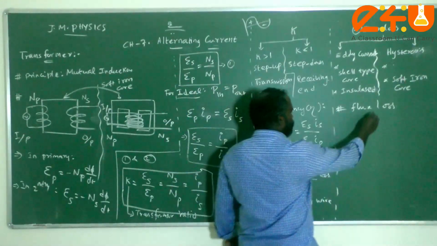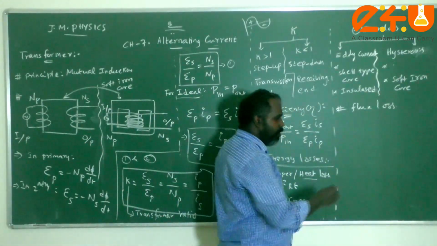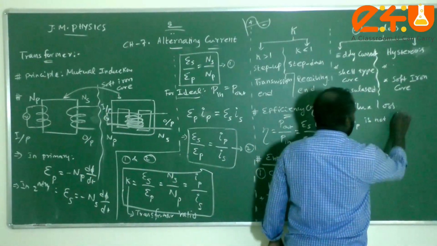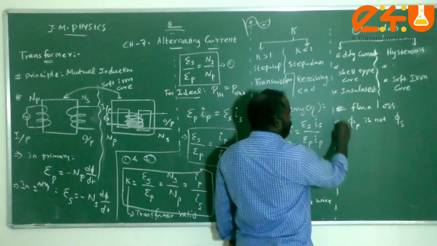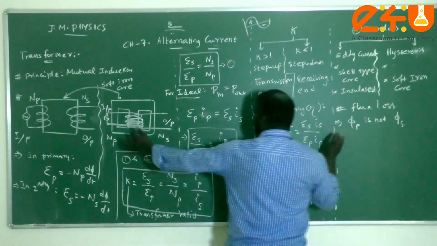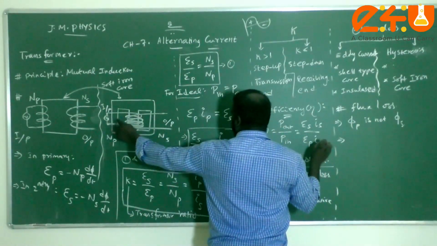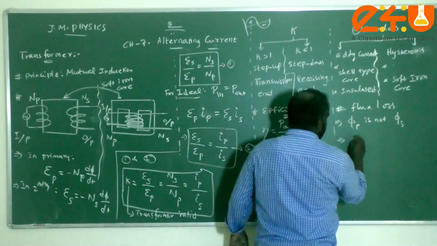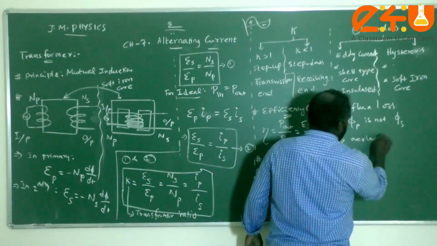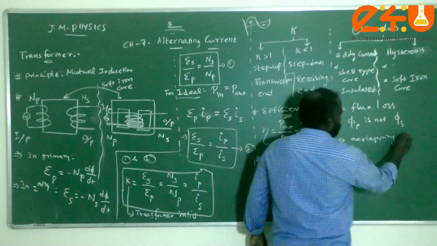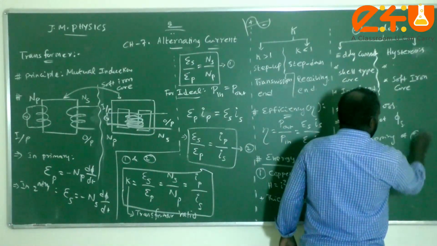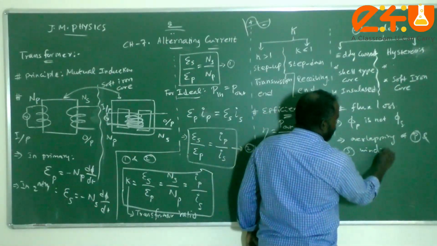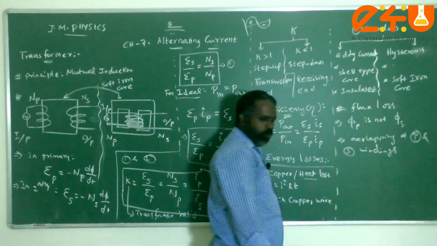So flux loss means all the flux produced at the primary is not completely linked with the secondary. How to minimize that? By winding the primary and secondary windings overlapped with each other. The overlapping is of what, children? Primary and secondary windings, one over another.